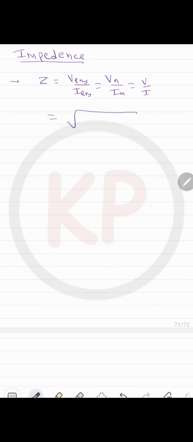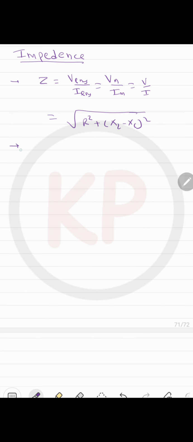Now impedance. Impedance is indicated as Z. The formula of Z is equal to Vrms by Irms. Sometimes Vm by Im. Also it is V by I. Also it is root of R square plus XL minus XC the whole square. So there are too many formulas for impedance.